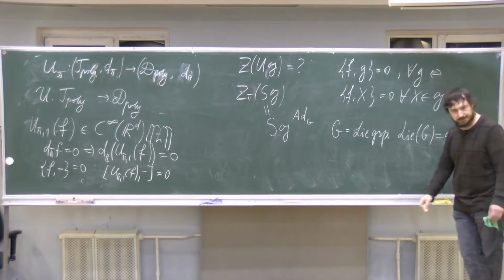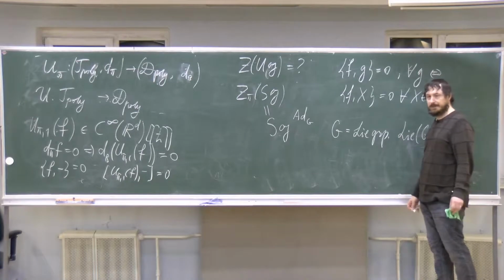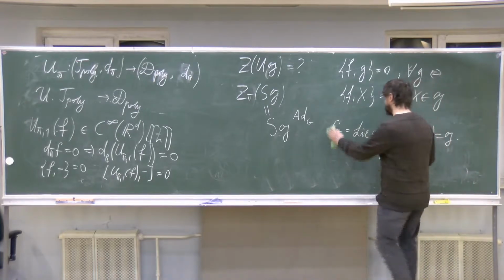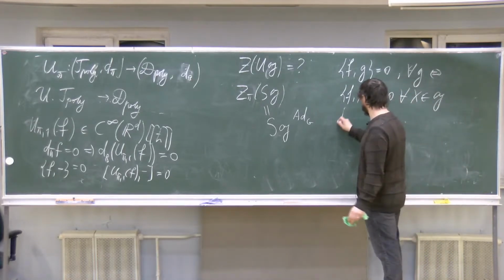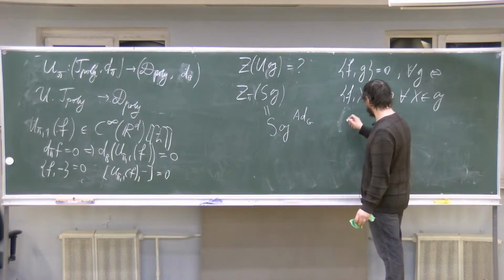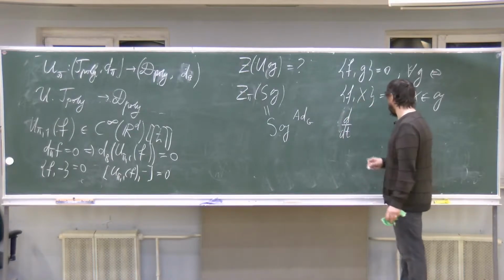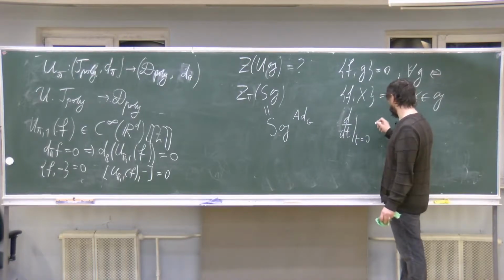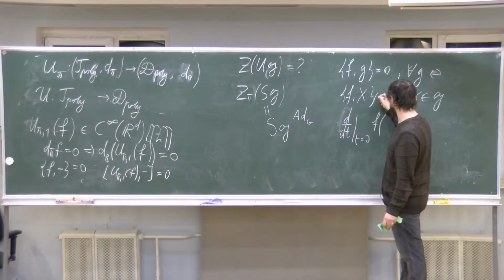Since we work over polynomials, it is enough to consider only this, right? Now, if you look here attentively, you'll see that this commutator, this Poisson bracket, is equal precisely to the derivative d over dt at t equal to 0 of the following thing. You take f at a certain point, I don't know, y.